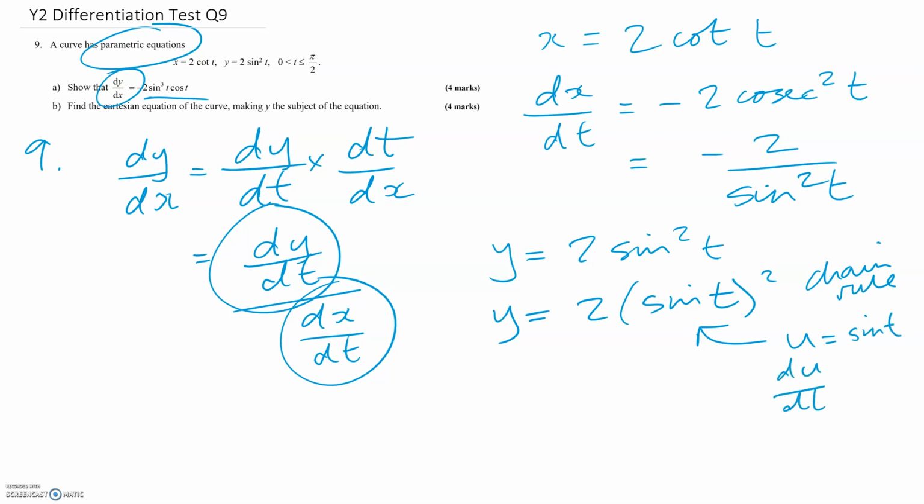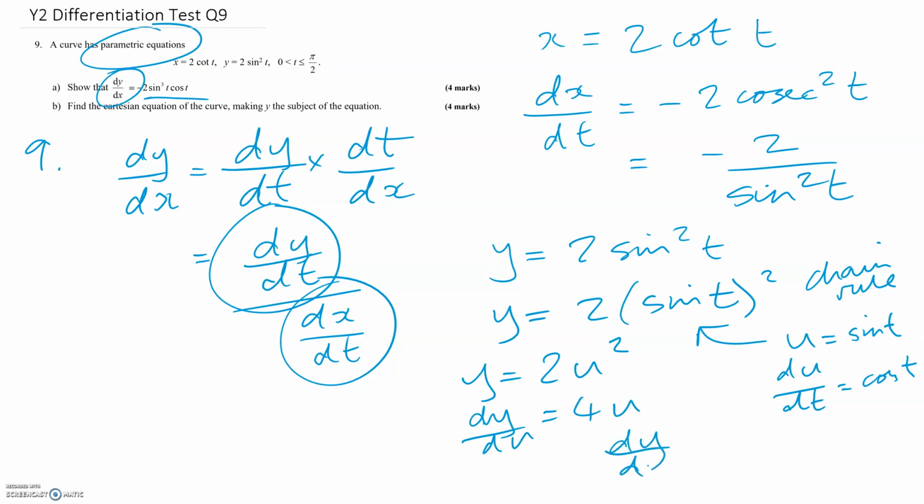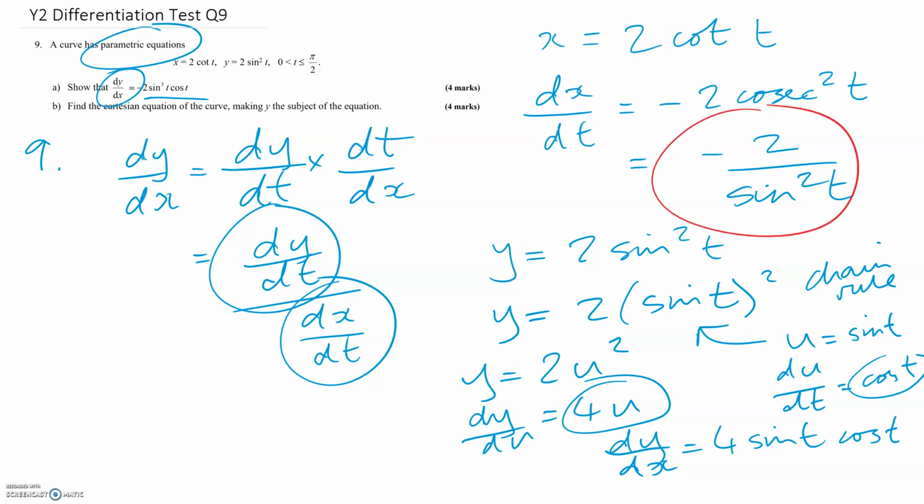So du by dt is cos t. y equals 2u squared, so dy by du is 4u, and this times this is going to give us 4 sine t cos t.